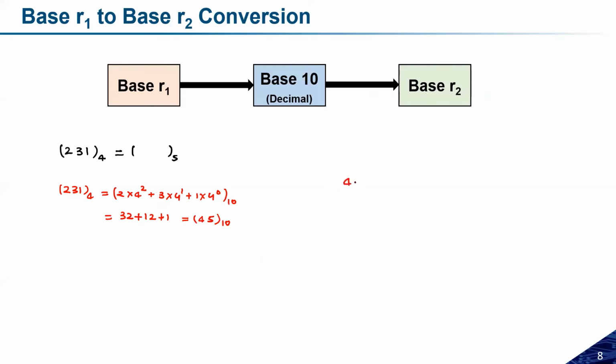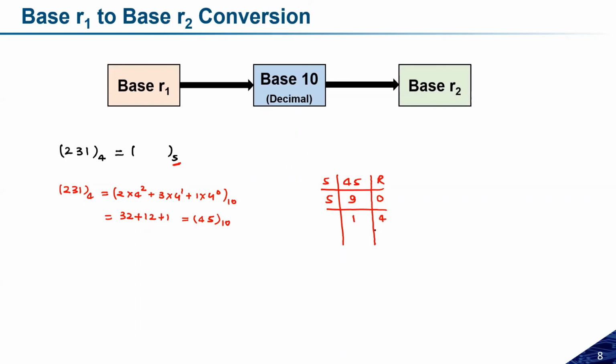Simply take 45, then start dividing with the base which we want, and we want base 5. So I start dividing with 5. 45 divided by 5 gives 9, with no remainder. Then again I divide 9 by 5: 5 ones are 5, remainder 4 will come.